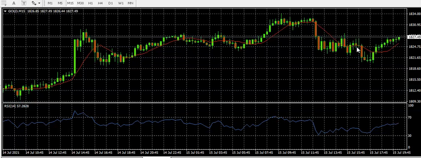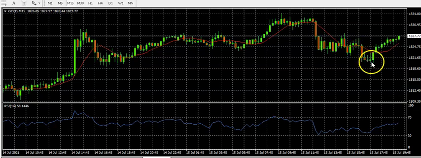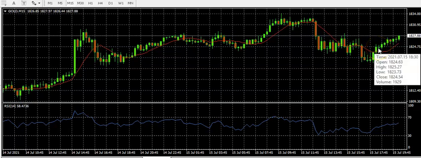So if you don't want to have pullbacks, you have to hold on for a while until you can see a bullish candlestick or bullish reversal candlestick on the lesser time frame, which means that the bullish move has started. So if you now see that happening on the lesser time frame, you can now enter a trade. Immediately you enter the trade, the market will move in your direction.